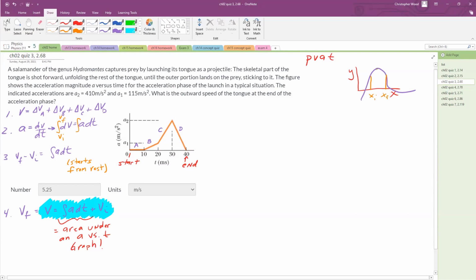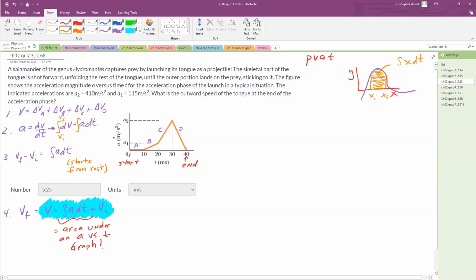So if you need to find out what is this shaded region right here, you could figure out the magnitude of that shaded region just by doing the integral of y dx. Okay, so that's all we're doing here. The area under a graph is given by the integral of this function. So y versus x in this case. All right, so let's go with this.